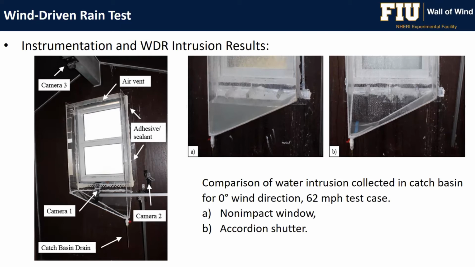So we were able to compare two different cases when we have, let's say, a non-impact window and when we have a window that is equipped with accordion shutter. And you see the results on the top right. The first case is the non-impact window. And the second one is the accordion shutter. There is a major improvement when we use the shutters when it comes to rain intrusion.